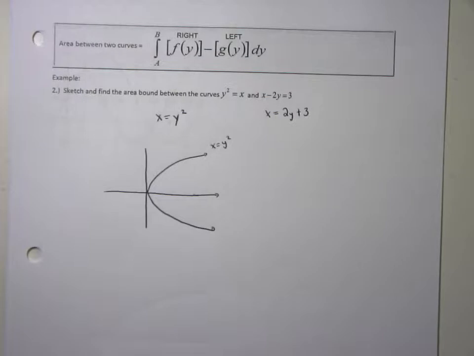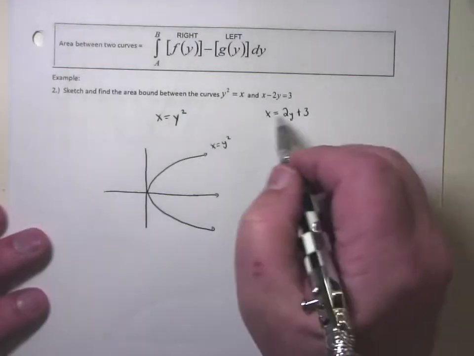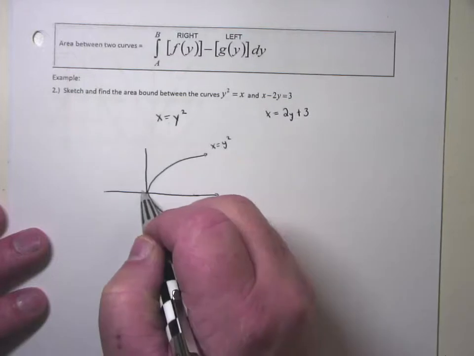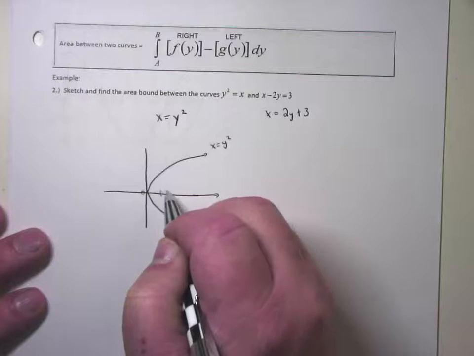So where is this line going to be located? Well, personally, I just start plugging in some numbers and try to figure it out. If I plug in y is 0, on your y-axis, your x-coordinate is going to be 3. 1, 2, 3, somewhere right there.